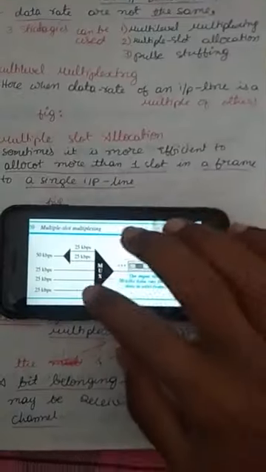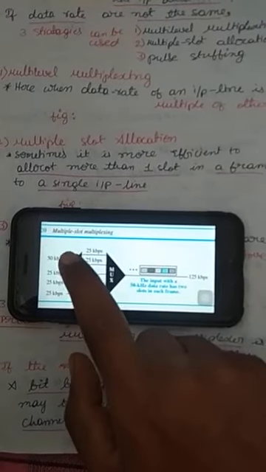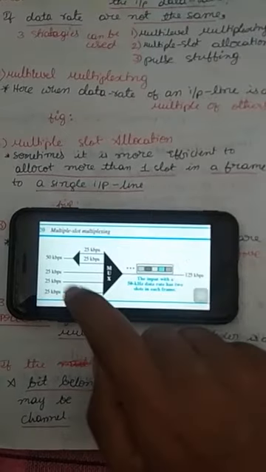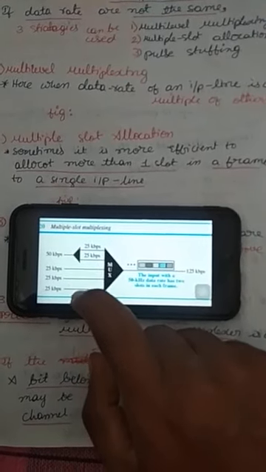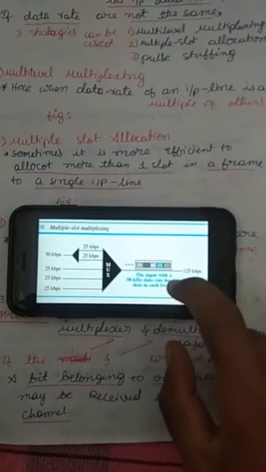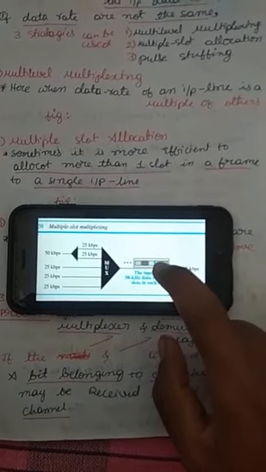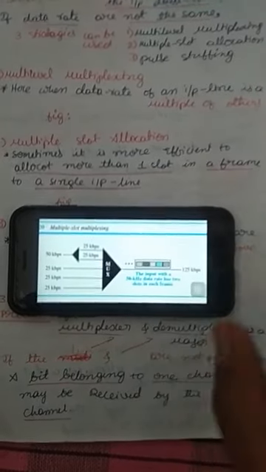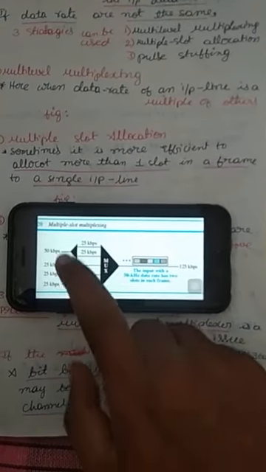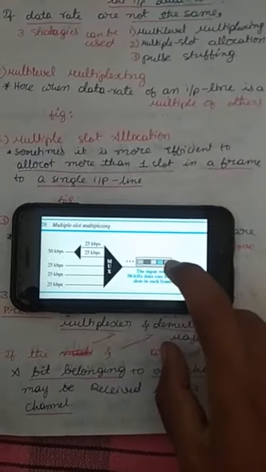Here you can see that there are 4 input lines, 1, 2, 3, 4. But you can observe that in this frame there are 5 slots, 1, 2, 3, 4, 5. So 5 slots are there, but only 4 input lines. So there is one extra slot.